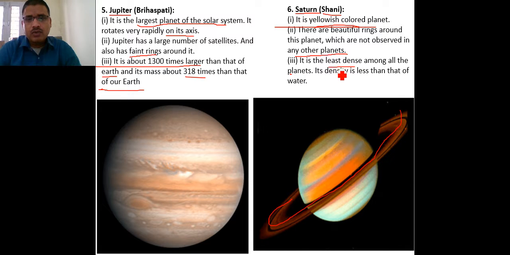The density of water is around 1 kilogram per liter, and the density of this planet is very low as compared to water.